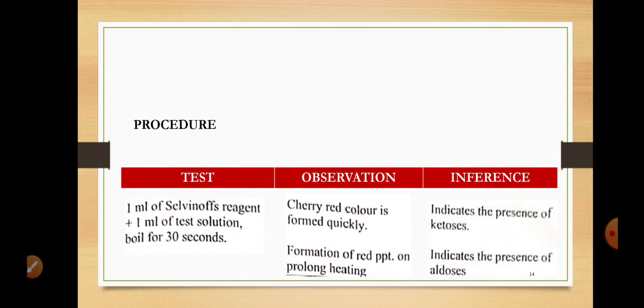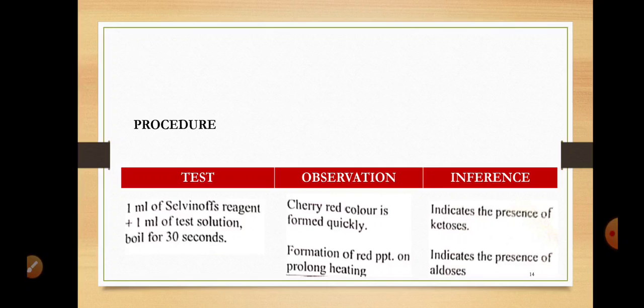Let us see the procedure we are following in this test. We take 1 ml of Seliwanoff's reagent, add 1 ml of the test solution and boil for 30 seconds. The test tube is heated for 30 seconds. There are two observations. If a cherry red color is formed quickly, it indicates the presence of ketose as a functional group in that particular carbohydrate. If the formation of red PPT occurs on prolonged heating, it in turn indicates the presence of aldehyde as the functional group in that carbohydrate.